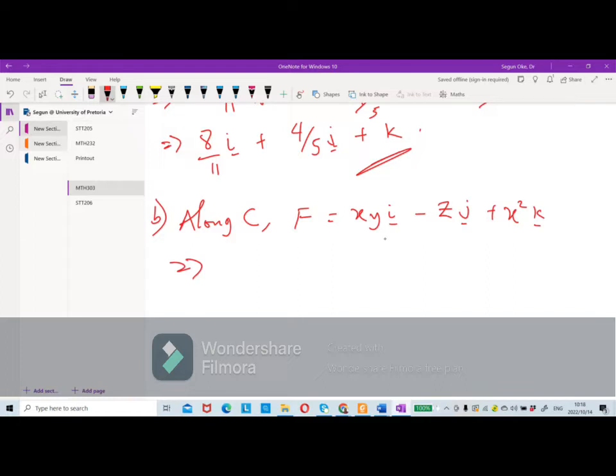What is our dr? We know our dr to be what? 2t i plus 2j plus 3t squared k, dt.